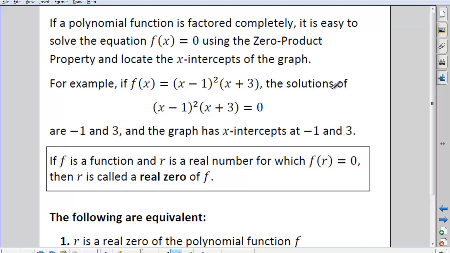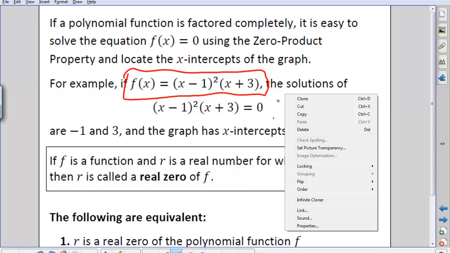Now, to actually find the zeros of a polynomial, what's very helpful is to have that polynomial in factored form. So if we look at this polynomial right here, f of x equals x minus 1 squared times x plus 3, the zeros of that polynomial come from the solutions of this equation right here.